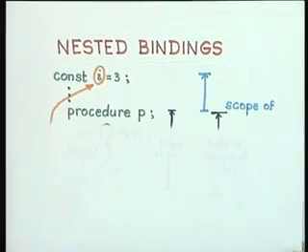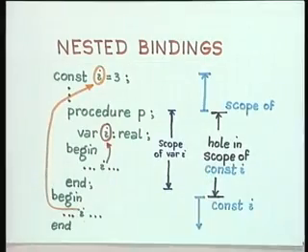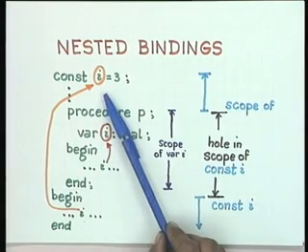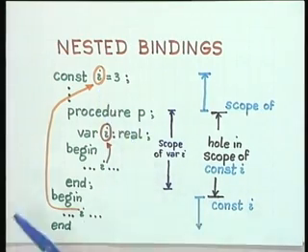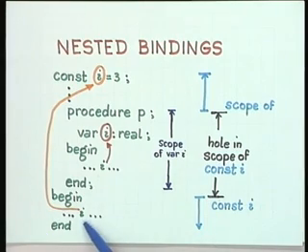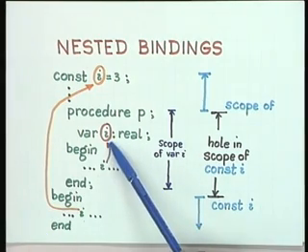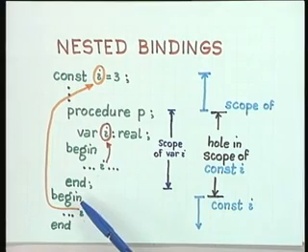So you could have nested bindings, right. So for example, here is a typical Pascal-like program fragment in which you have a declaration of the identifier I here, and you have another declaration of I as a variable here.